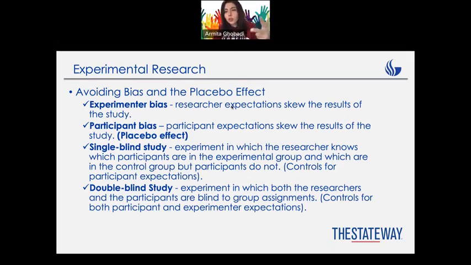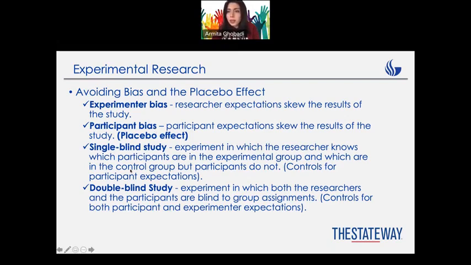So there are two ways to cover experimenter bias and participant bias. We can do a single blind study, which means the experiment is conducted in a situation where the experimenter doesn't have any idea about the research question. Okay, it's going to be a single blind one.